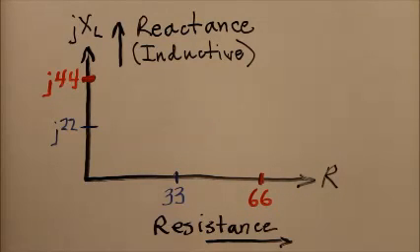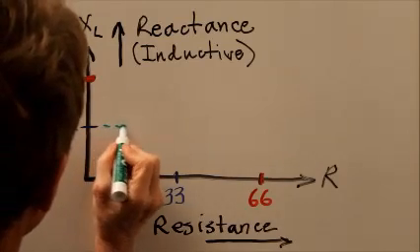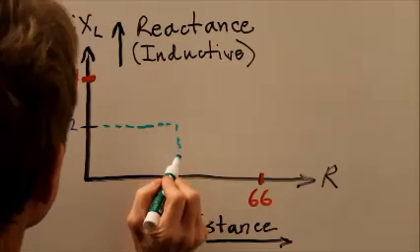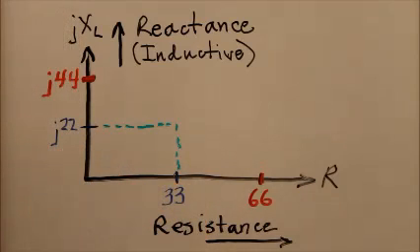The question talks about a particular component that exhibits a particular complex impedance, which turns out to be 33 plus j22, that is to say 33 ohms of resistance and 22 imaginary ohms of inductive reactance.